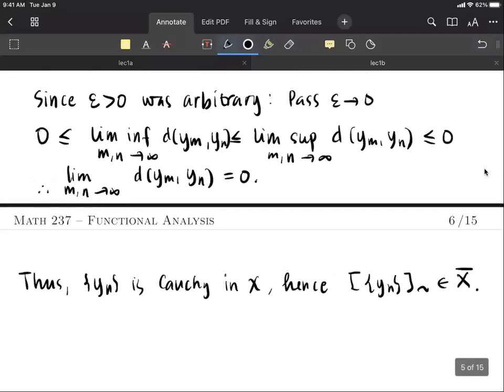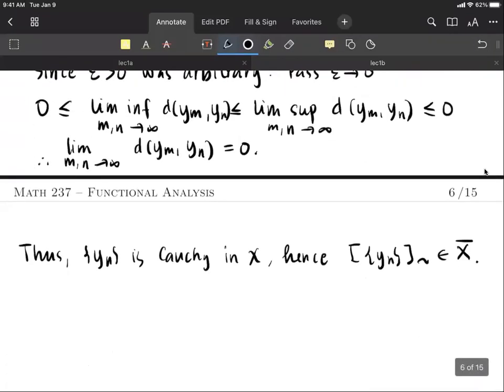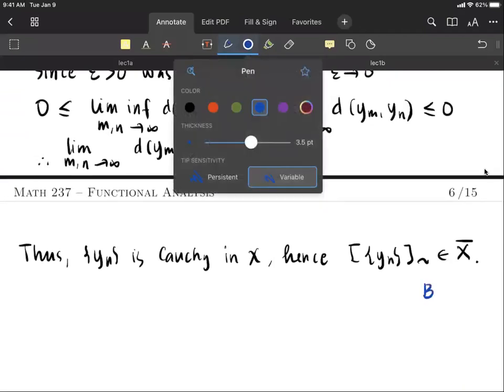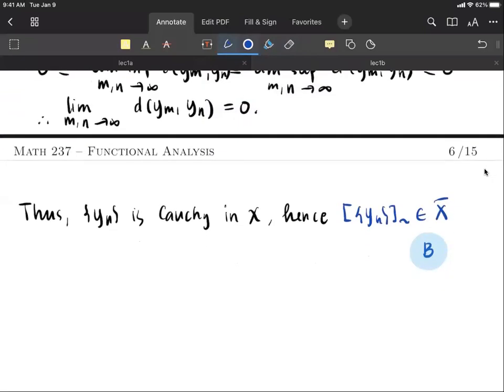And this is in fact the part B that we have mentioned a while ago. That is, the equivalence class, or the candidate limit, is in X bar.